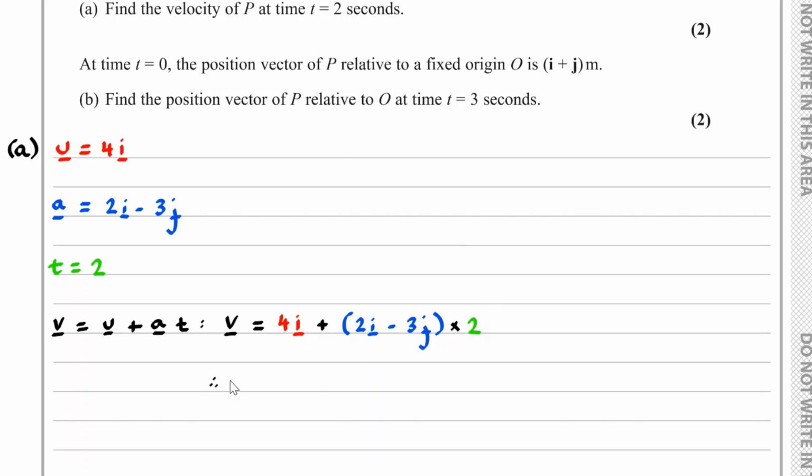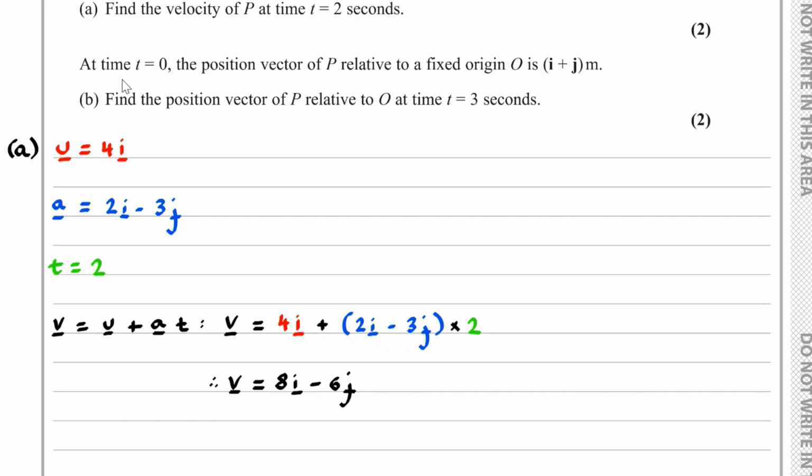So therefore, v equals 4i plus 2i times 2, that's 8i, and minus 3j times 2, that's minus 6j. So we can conclude v equals 8i minus 6j.